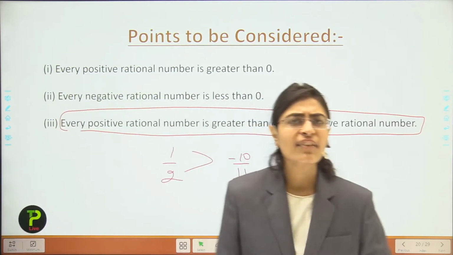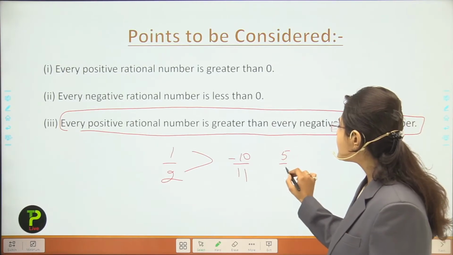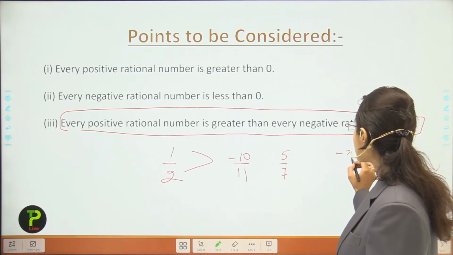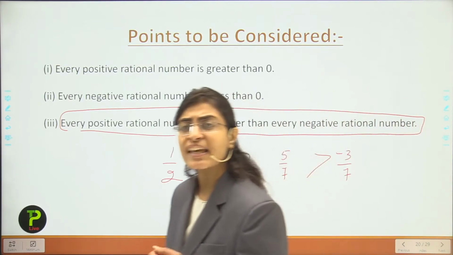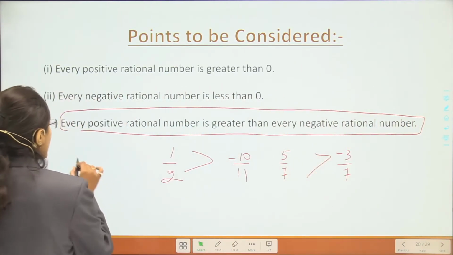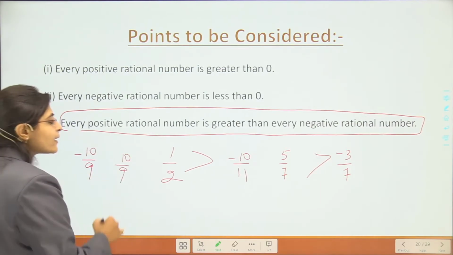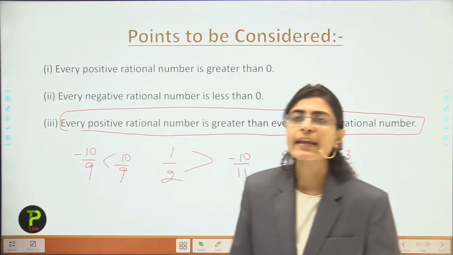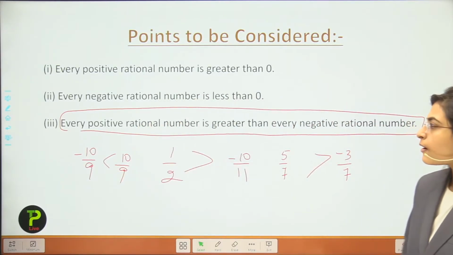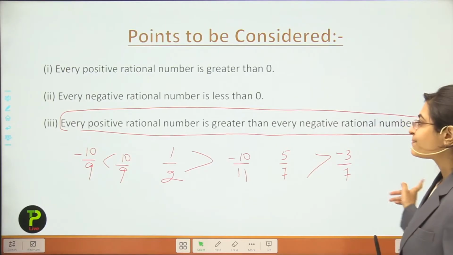Then 5 by 7 and minus 3 by 7, which is greater? 5 by 7. Then minus 10 by 9 and 10 by 9? 10 by 9. Positive rational numbers are always greater than negative rational numbers. I hope this third point is also clear to you.